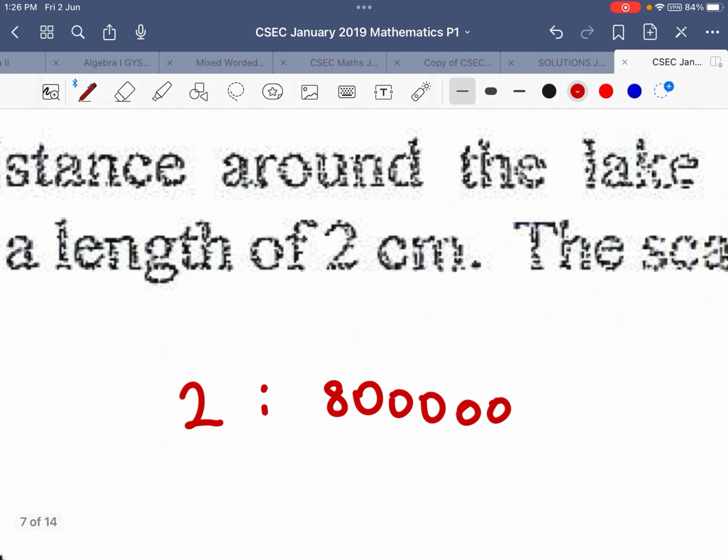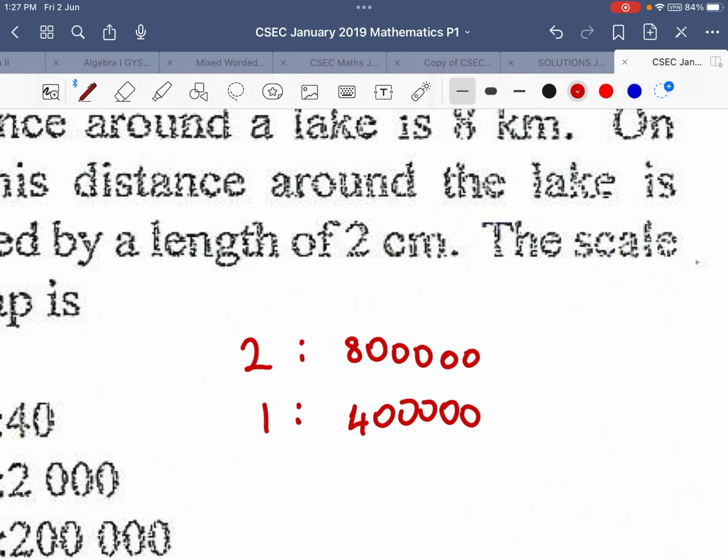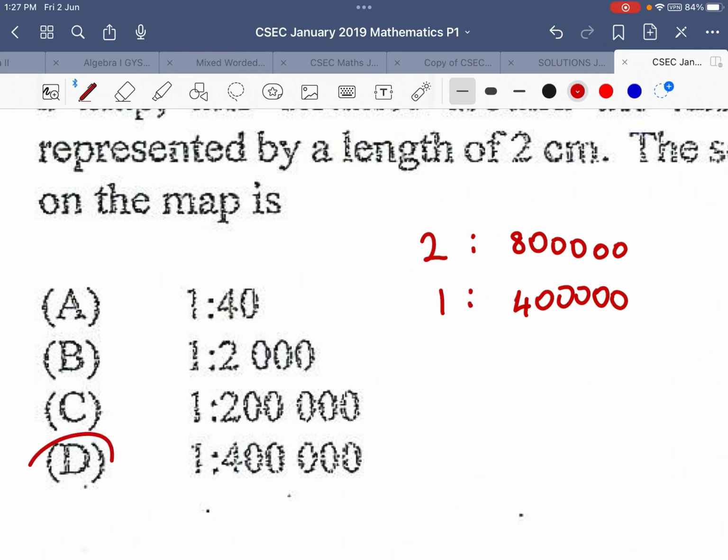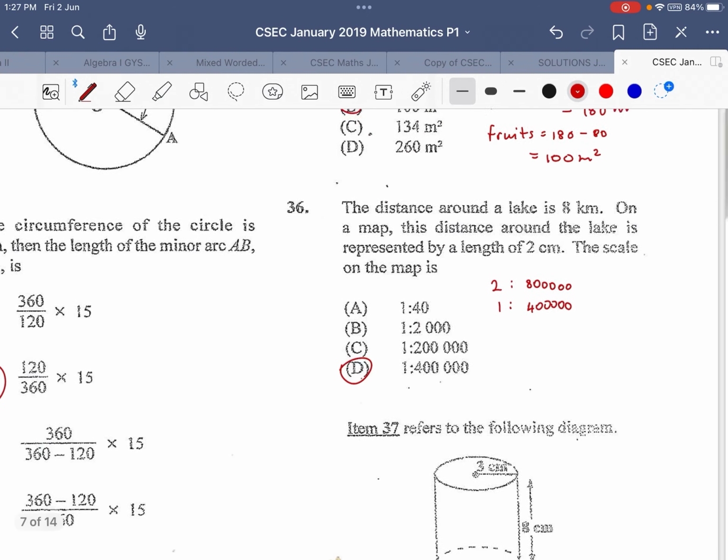Right, so we have 2 to 8,000, so that is 1. 2 to 800,000, so that's 1 to 400,000. Okay. That's D.